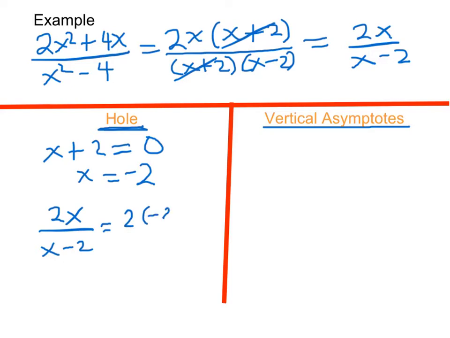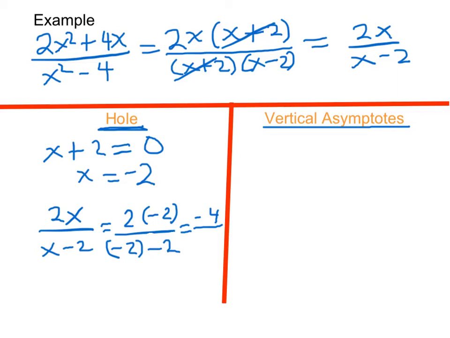Plugging in x equals negative 2 will leave us with this: 2 times negative 2 is negative 4, and negative 2 minus 2.